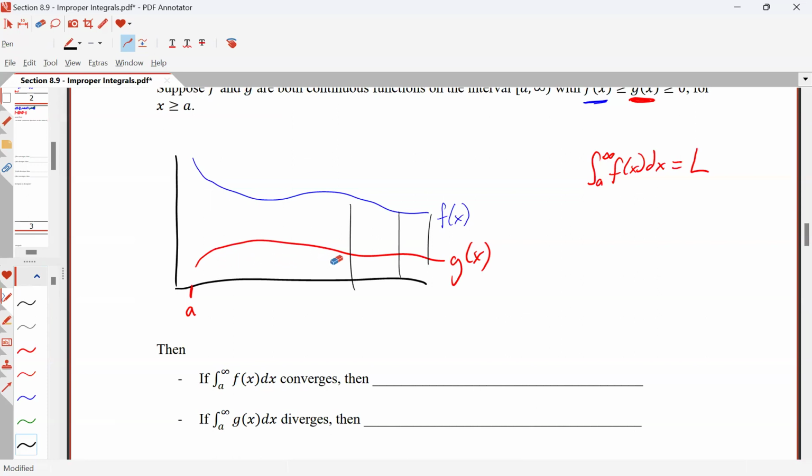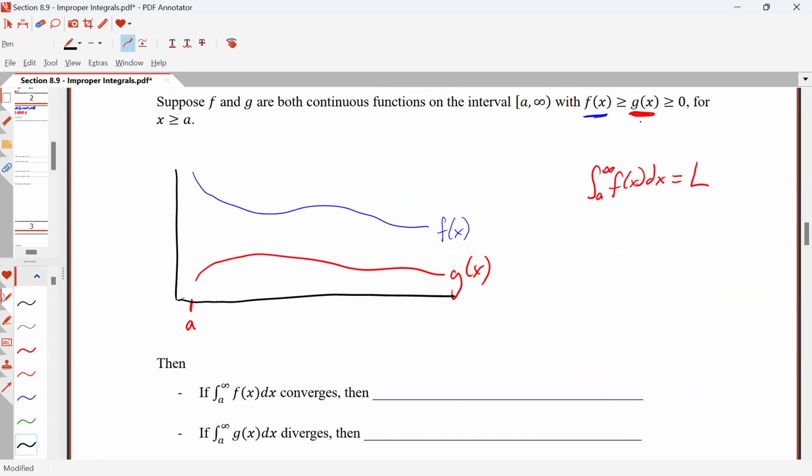It is wedged between f of x and the x-axis. There is no way to suddenly have an infinite amount of area if it's always smaller than f of x. So if the integral of f of x converges, the integral of g of x also must converge.